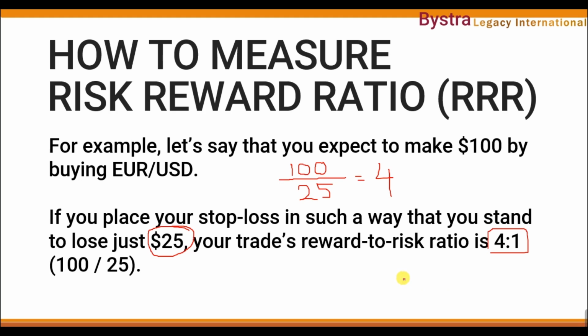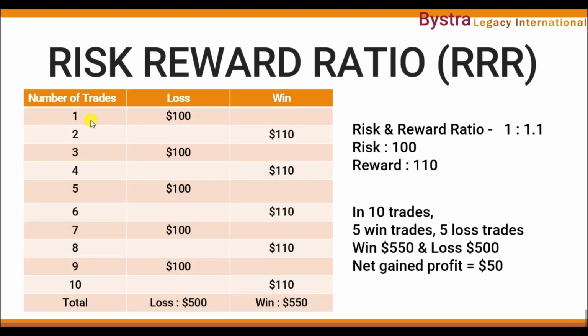Why do we need to have a higher reward and lower risk? Let me show you in the next slide. Here we can see we have 10 trades. Let's say your risk reward ratio is 1 to 1 all the time, meaning you are risking $100, but your reward is $110.